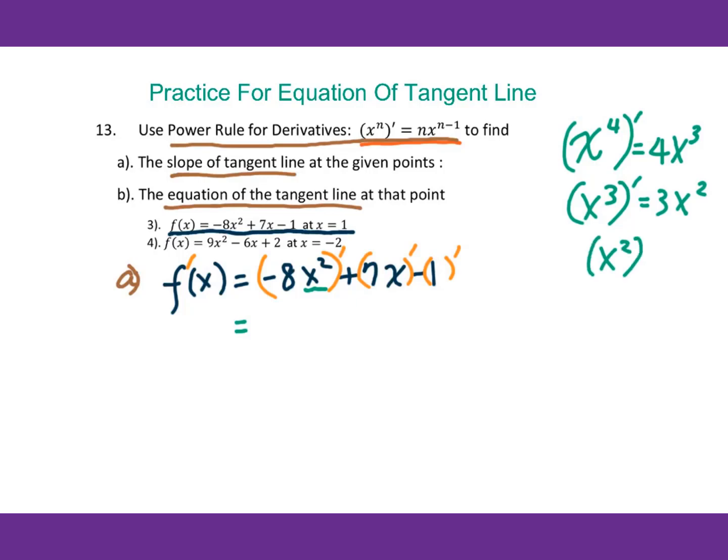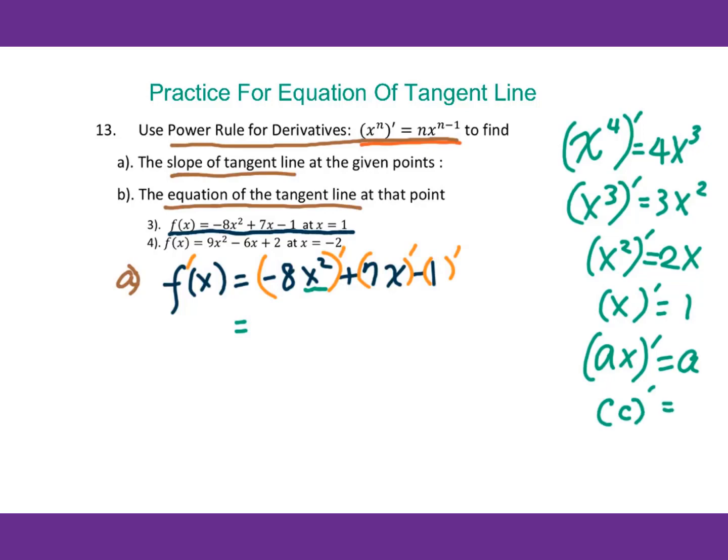X squared, that derivative, you got the 2x. If it's x, that means 1. Therefore, for any linear function, you got the slope. And any constant, that equals 0. We use this rule and we can figure out now.